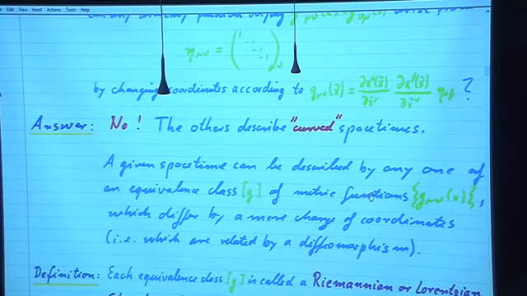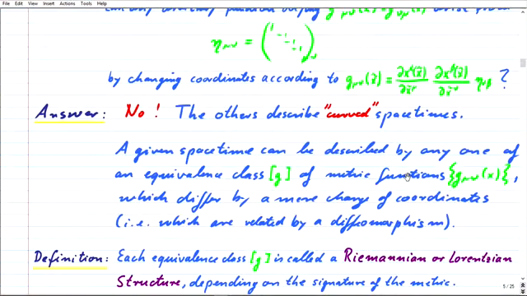First of all, let's start with the observation that no, as I will prove in a moment, not every g mu nu of x tilde can arise from eta by suitable change of coordinates.